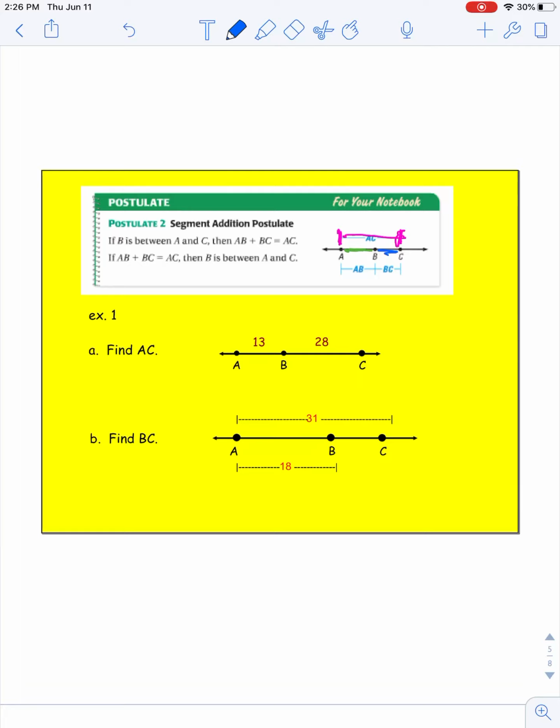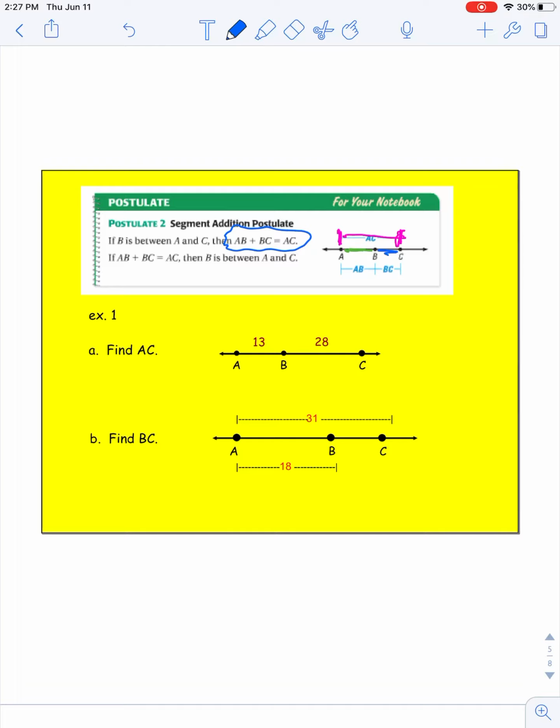Formally, the segment addition postulate says, if B is between A and C, meaning they're collinear, so A, B, and C are all part of the same line, then AB plus BC is equal to AC. So really that just means the two pieces added together equal the whole segment.